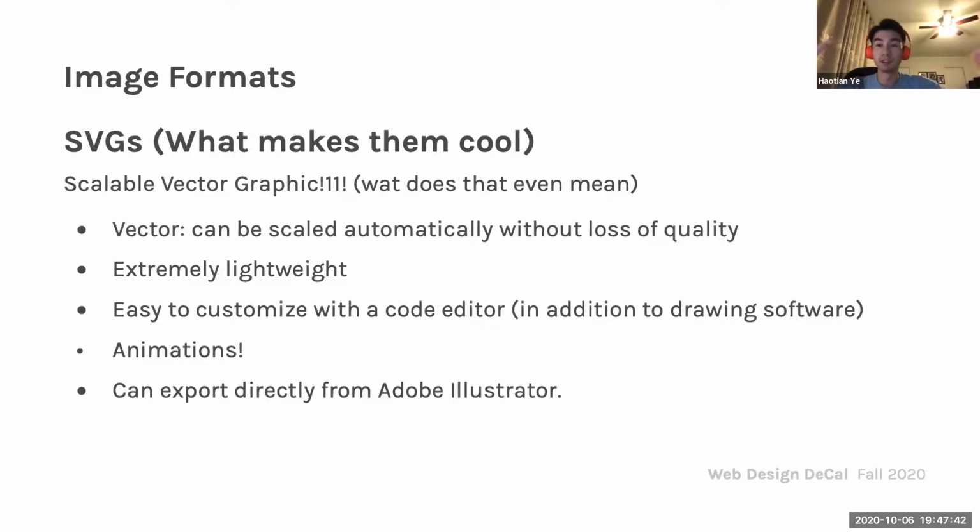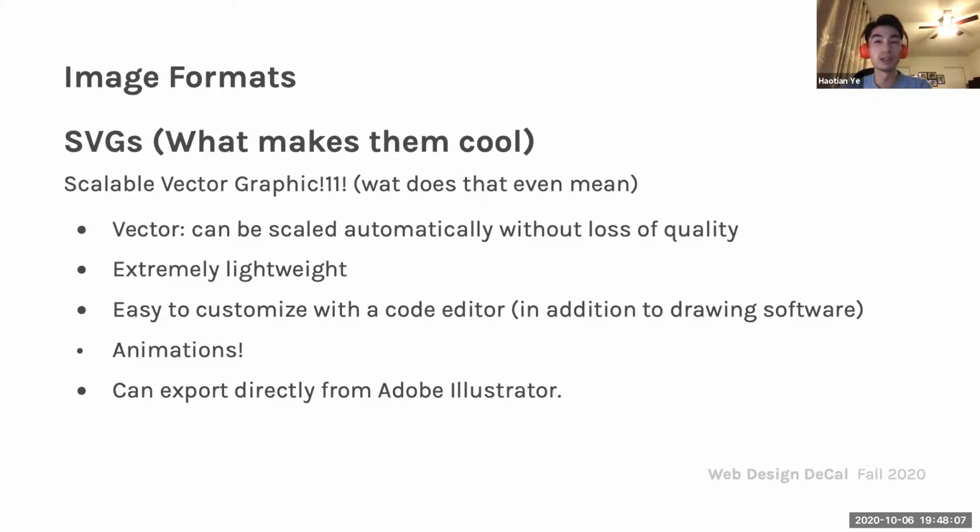So they're full of different vectors that comprise into an image. So these can be scaled automatically without loss of quality. If you take a PNG, for example, and you zoom in enough, you can start seeing the individual square pixels on these images. But for SVGs, you don't have that. They will scale automatically for however much you want to shrink or enlarge them.